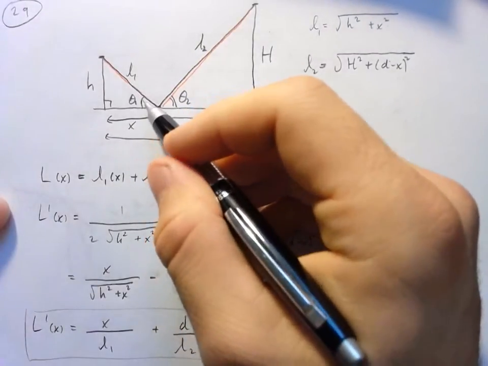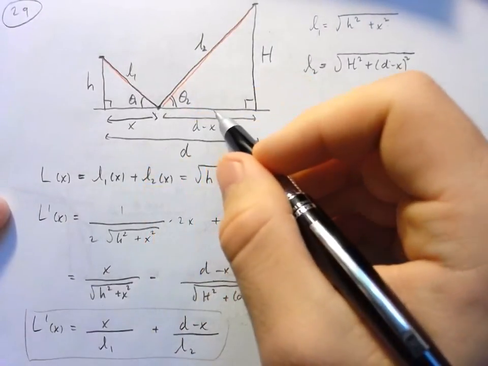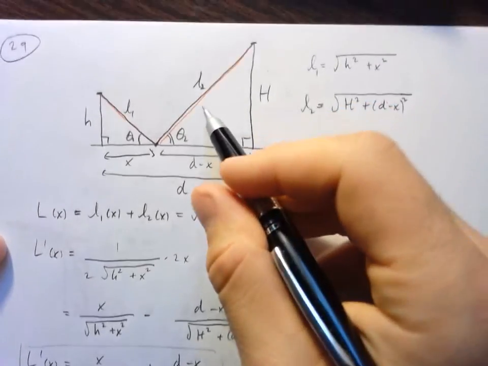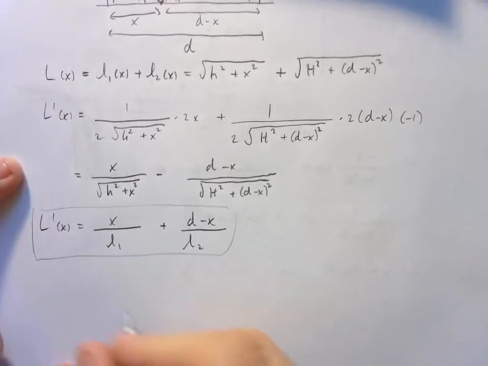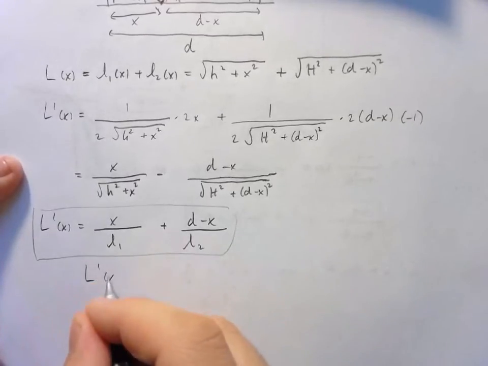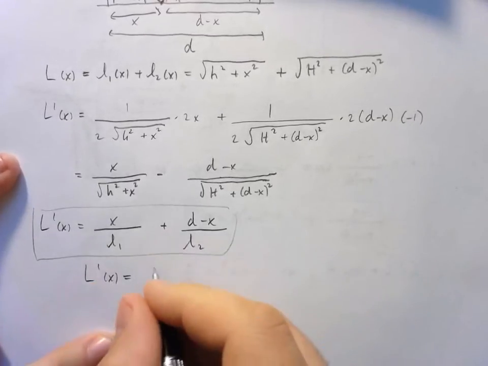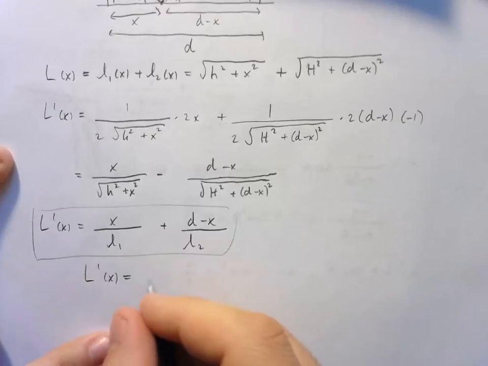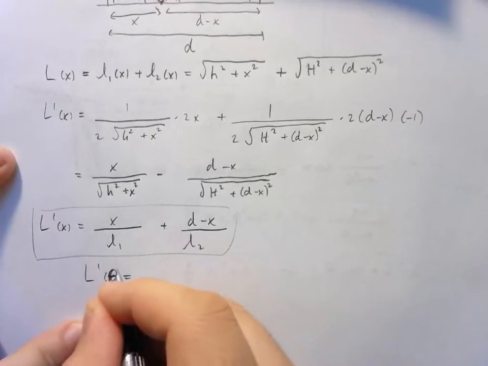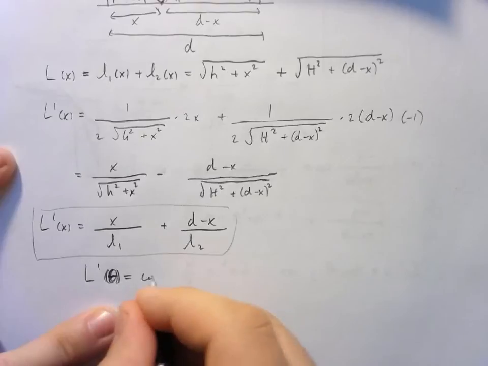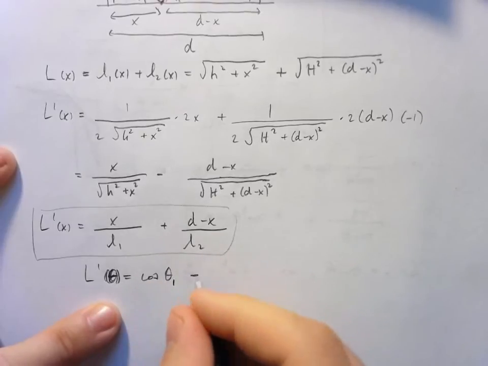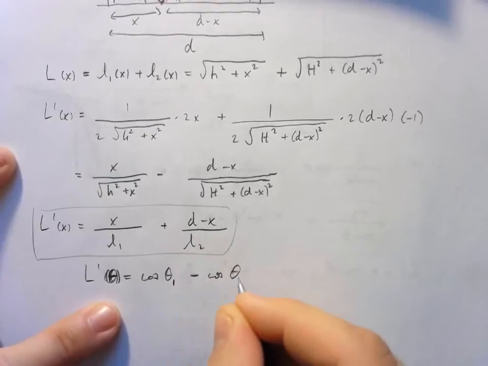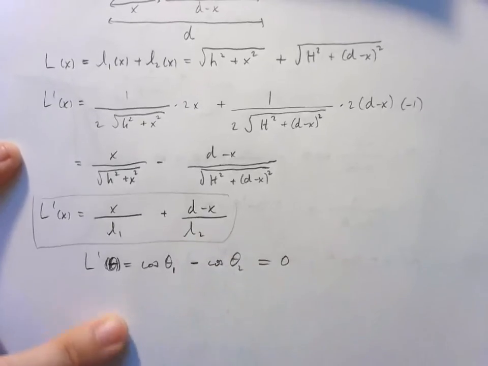X divided by L1 is cosine of theta 1, and d minus x divided by L2 is cosine of the second angle, theta 2, right? So that means L prime, now in terms of the angles, is going to be cosine of theta 1 minus cosine of theta 2, and of course I want to set this equal to 0.